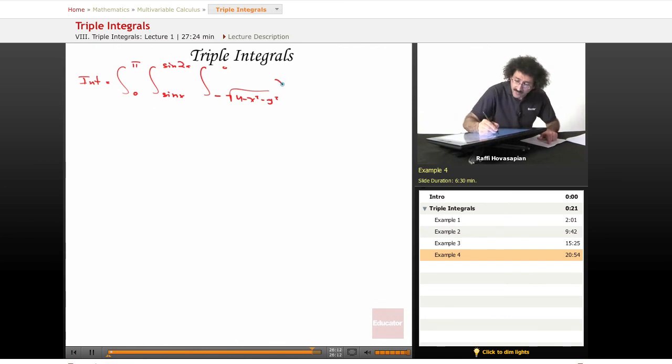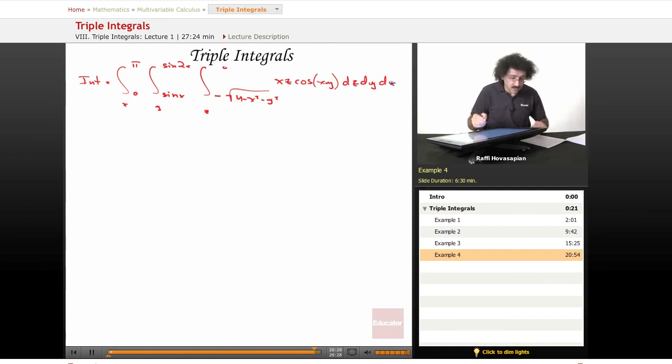And then, of course, we have our function, which is xz cosine xy. We're going to do dz, dy, and dx. And when we put this in our software, we get the following number, 13.657. Again, perfectly valid number.